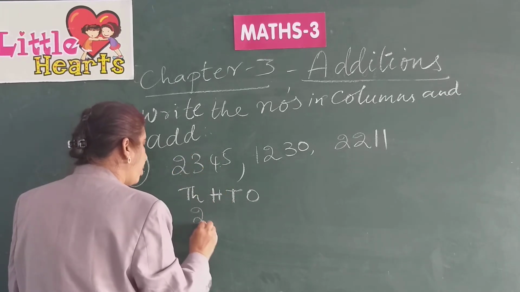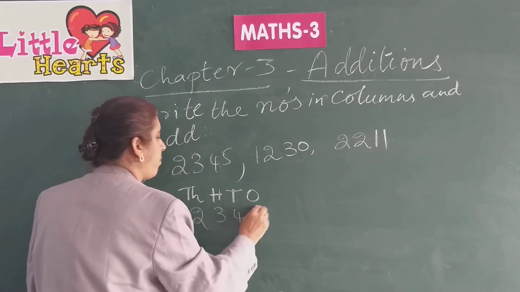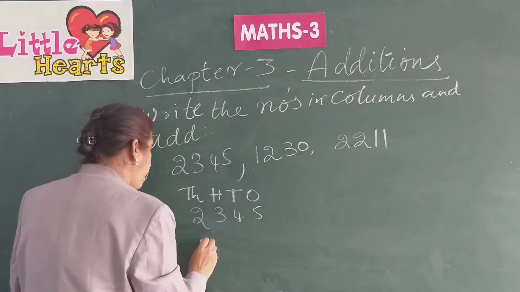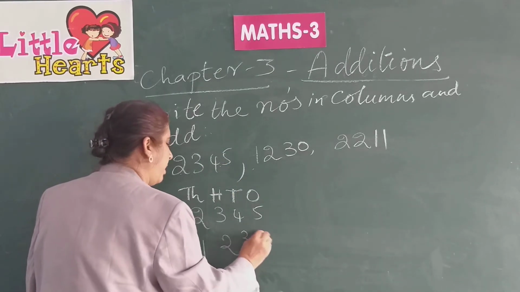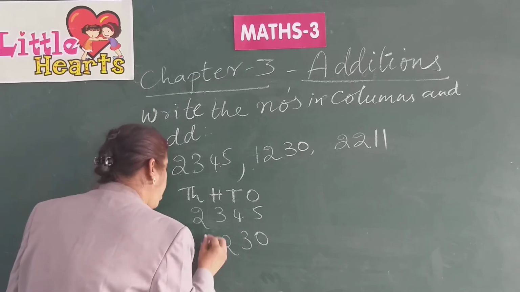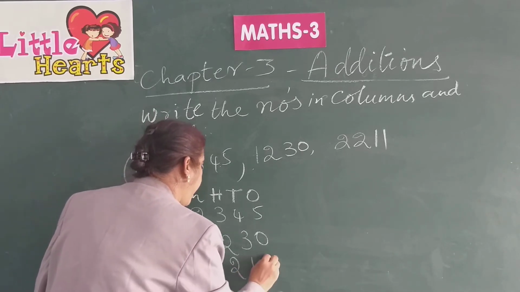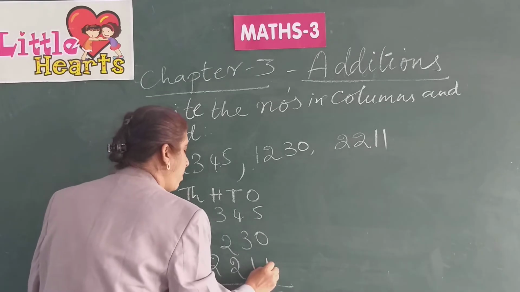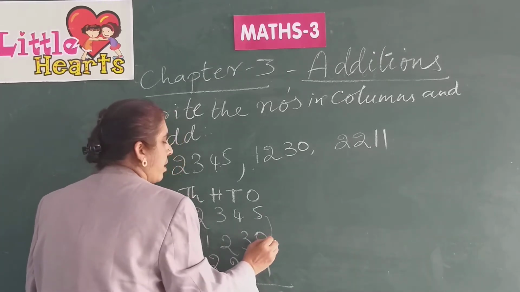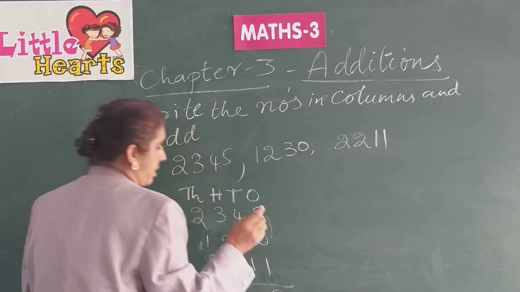Write the numbers 2,345, 1,230, 2,211. 5 plus 0 is 5 and 5 plus 1 is 6.